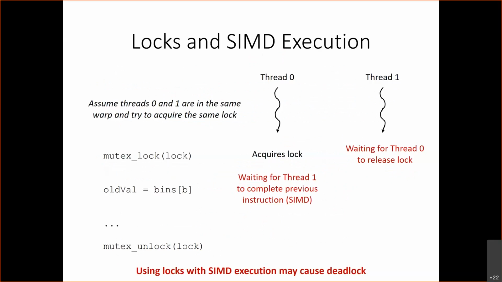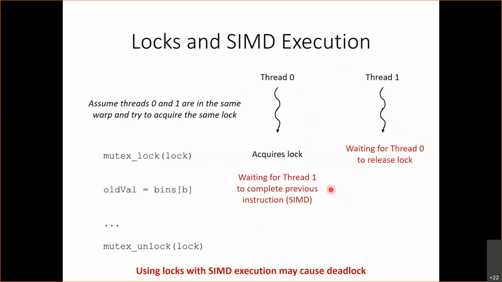So for example, if I have thread 0 and thread 1 in the same warp and they both try to acquire the same lock, one thread acquires the lock and thread 1 cannot acquire the lock. So thread 1 sits there waiting on this mutex lock operation for thread 0 to get the lock, but then thread 0 can't proceed because thread 0 is in the same warp and it's waiting for thread 1 to acquire the lock so that they can both proceed together.